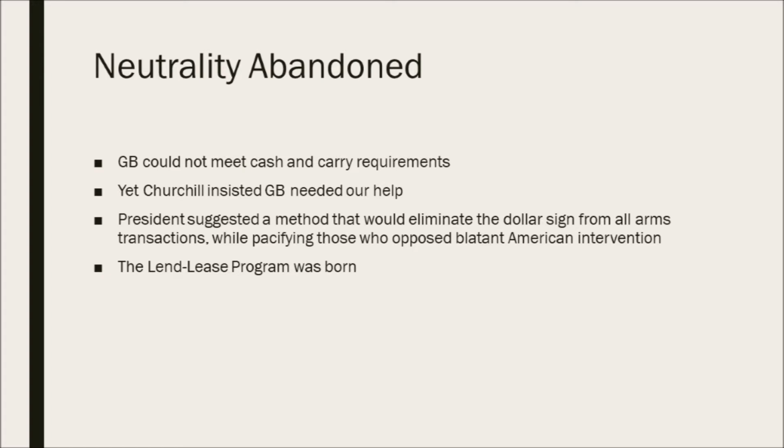But there were a lot of people that said, no, we're not going to send our boys over to fight another European war. We're not going to do it. So he's trying to kind of keep them at bay a little bit because we're not intervening with troops, right? So it's a matter of semantics in some ways, right? Because we're on the way right there. So the Lend-Lease program is what comes of this.